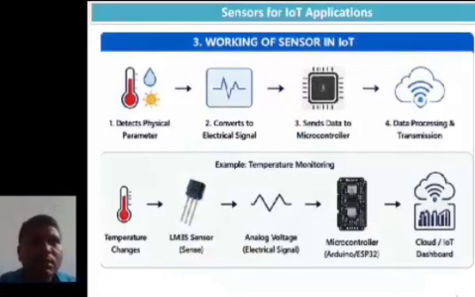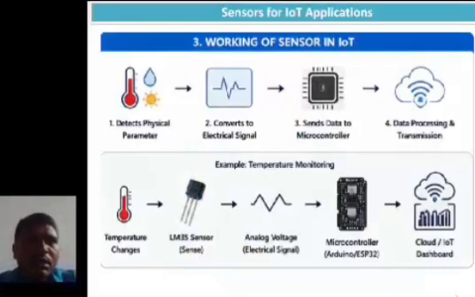If we consider a simple real-time example, in a smart room we have a temperature sensor, which measures the heat, and a motion sensor to detect presence. Both sensors collect information from the environment, and based on the input values or data, the fan speed can be controlled and the light can turn on or off.